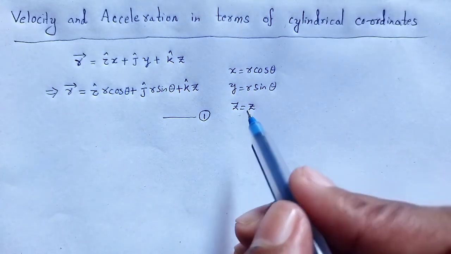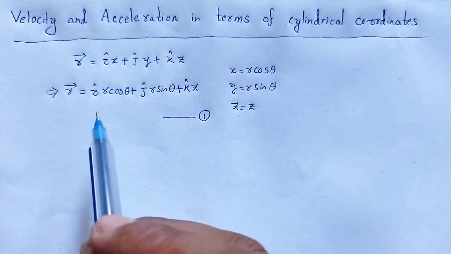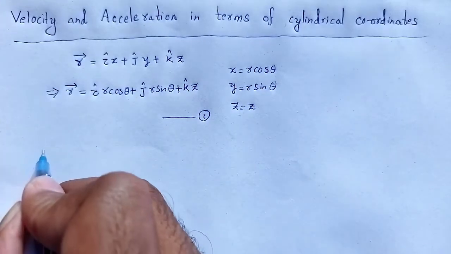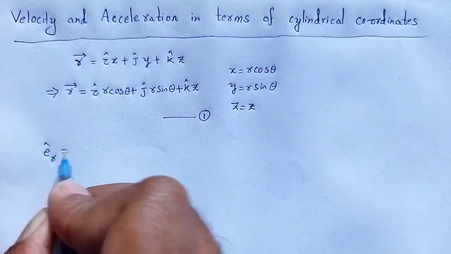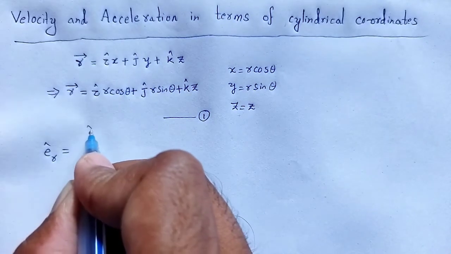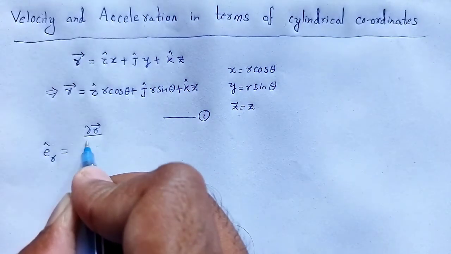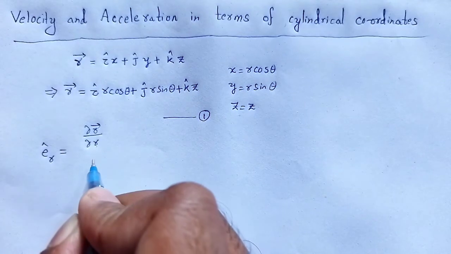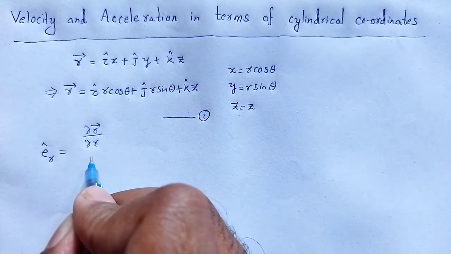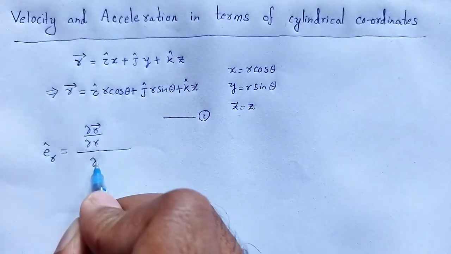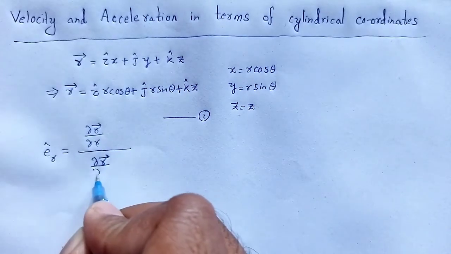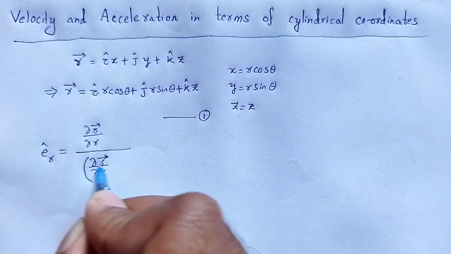And the unit vector e r cap is given by e r cap is equal to del r by del r divided by the magnitude of del r by del r.